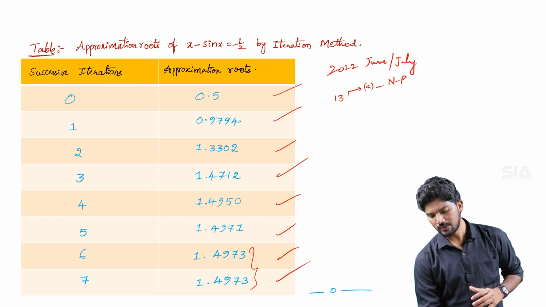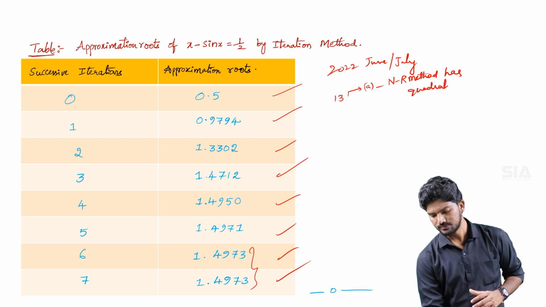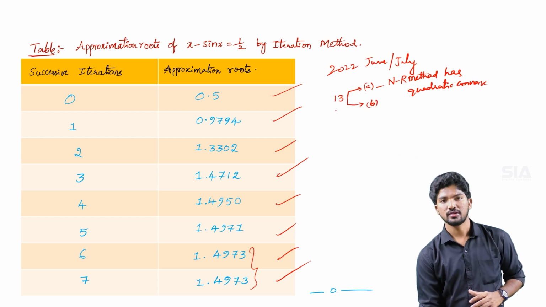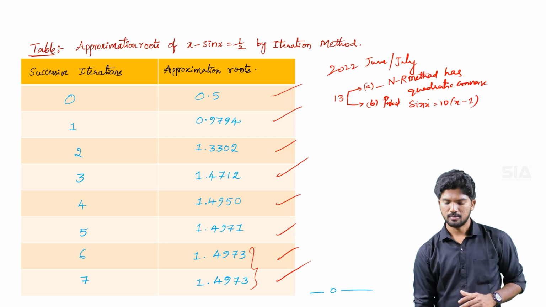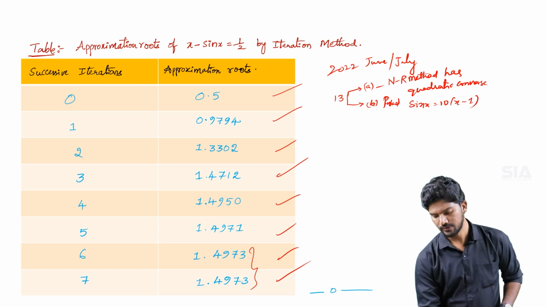Okay, the Newton-Raphson method has quadratic convergence. This is the first option. In question 13, option B: find the real root of sin x is equal to 10 times x minus 1 by using the iteration method.